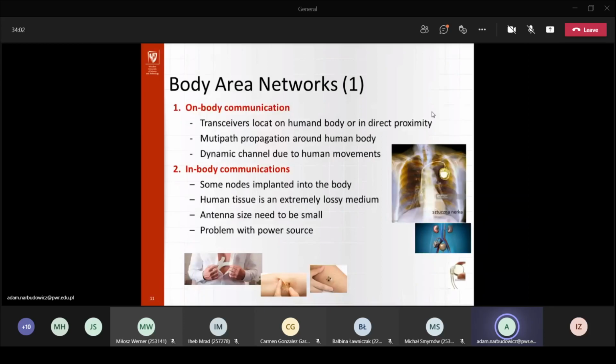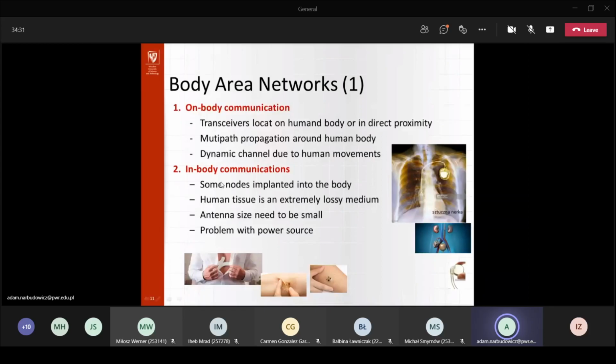In that context, you will have a very specific propagation channel. So you have a lot of multipath around the human body, simply with the electromagnetic waves reflecting from different components. However, still the electromagnetic or radio signal would propagate through free space or through air.